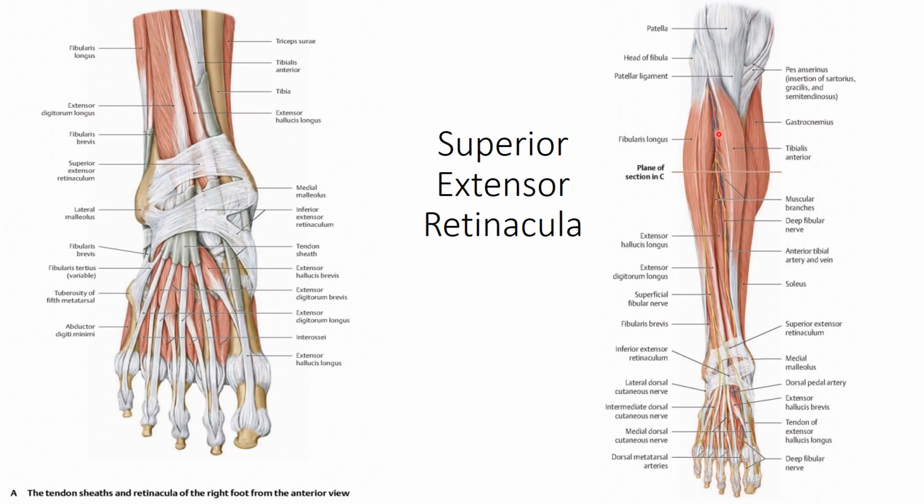This is the deep fibular nerve, anterior tibial artery, and these are the tendons: tibialis anterior, extensor hallucis longus, extensor digitorum longus along with peroneus tertius.